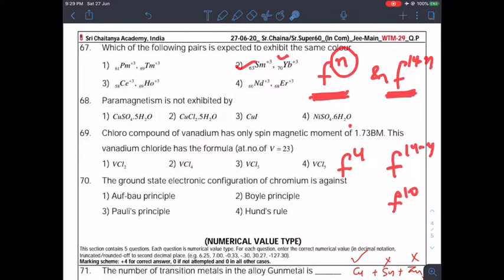So f4 and f10 will have similar color, right? This is a very important concept in the lanthanide series. So go ahead, do the configuration and select accordingly.